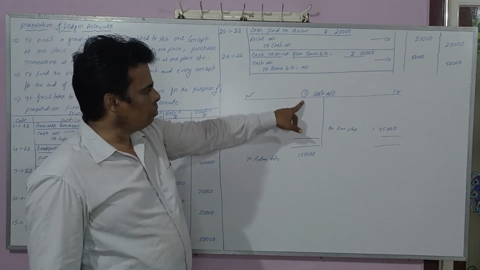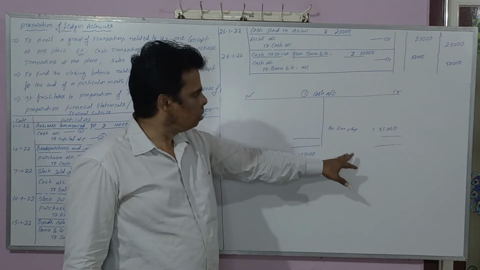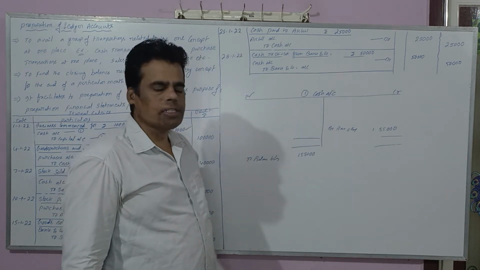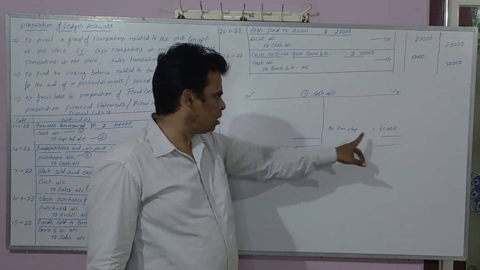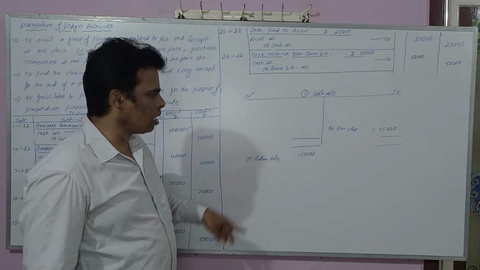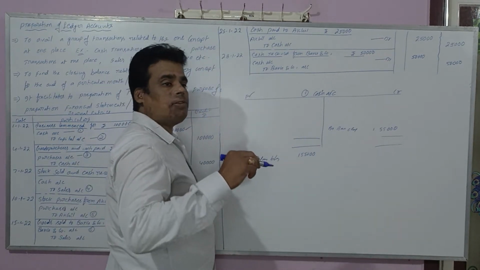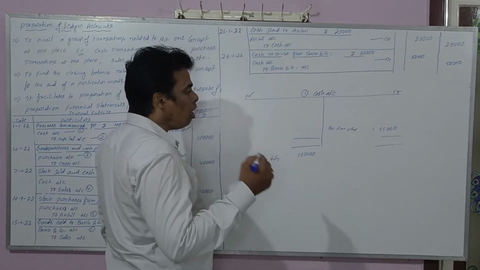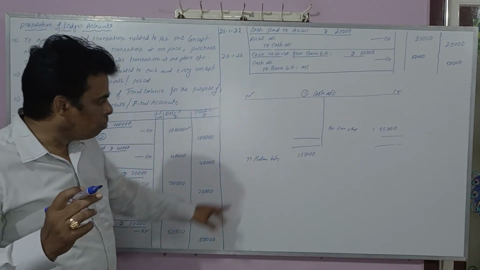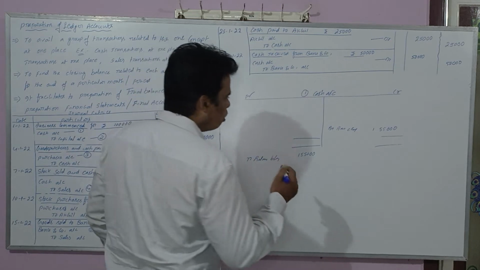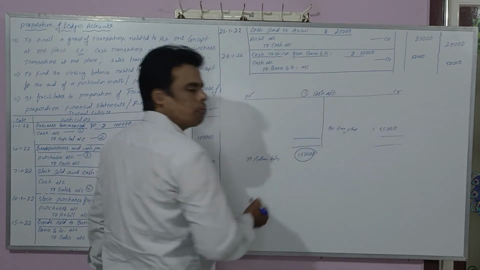In the cash account, after finding the grand total, we trace out the difference. That is balance carried down 1,55,000, balance brought down 1,55,000. We concentrated, after completion of each and every account, on how much amount is carried down and brought down.